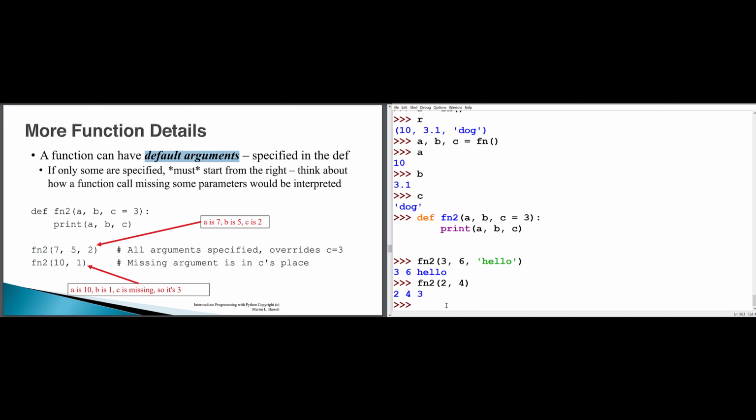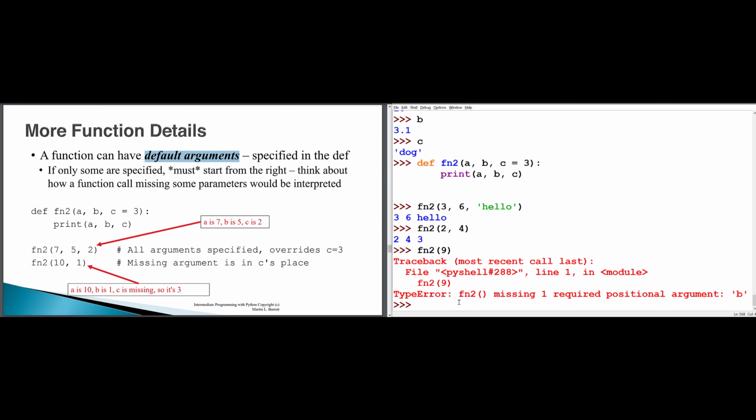That's how keyword parameters behave. Now, because these first 2 parameters are positional parameters, that means that I must give at least 2 arguments. If I say fn2 9, I'm going to get yelled at because I have to specify at least 2 argument values for the fn2 function.